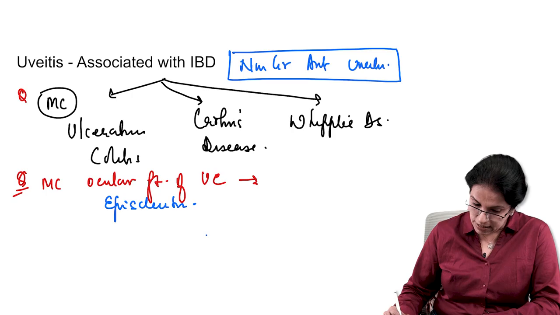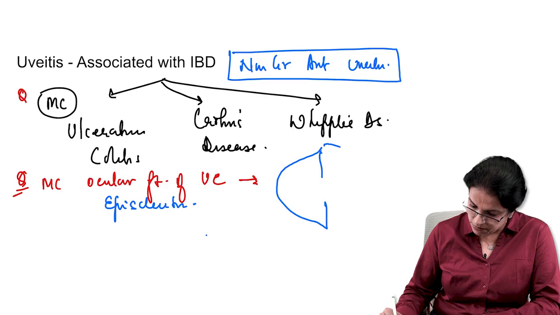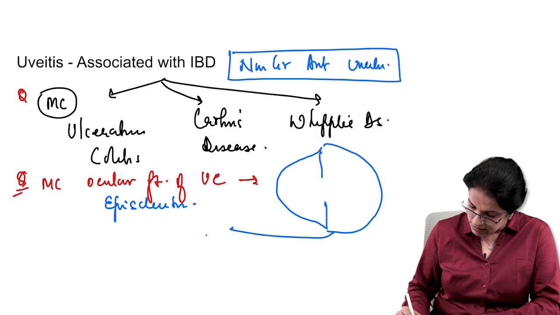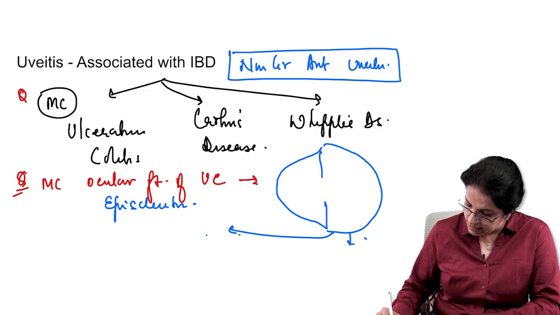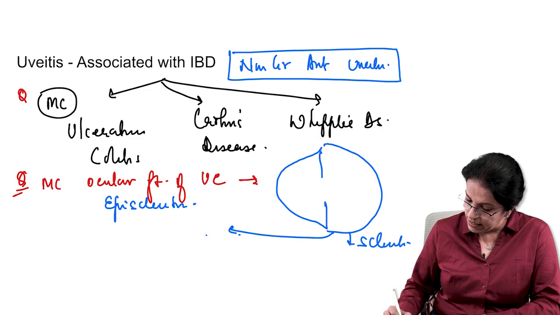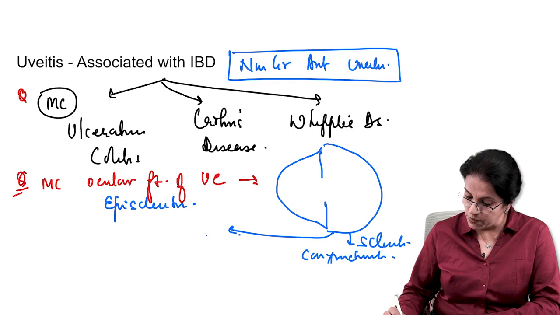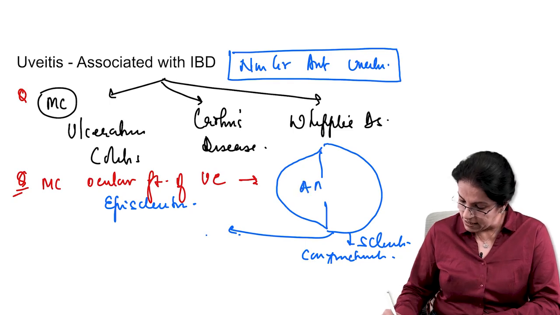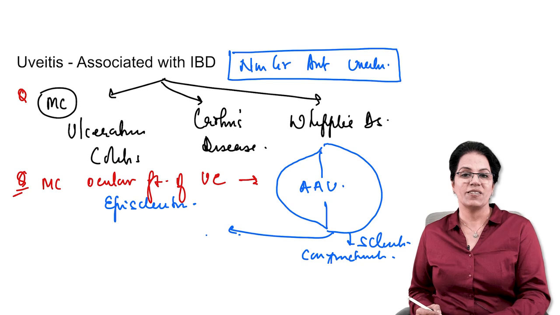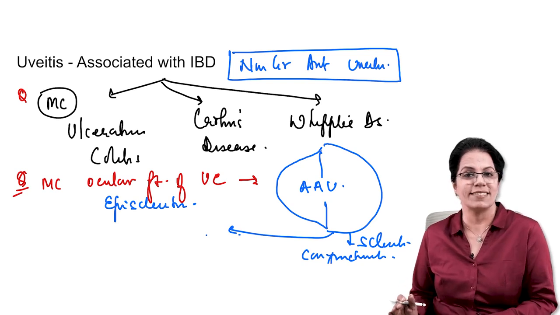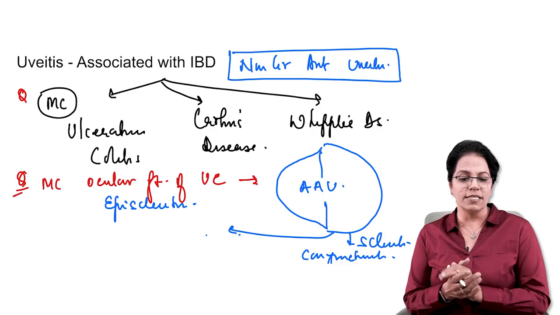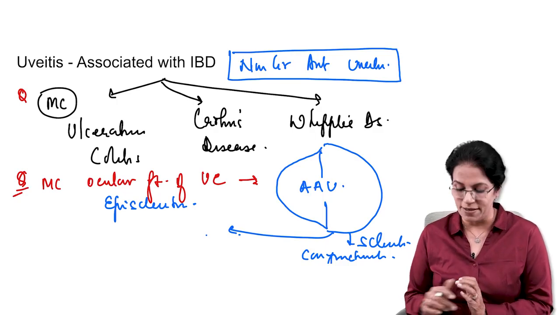If I want to note down for ulcerative colitis, episcleritis is most common. Then you can also get scleritis, you can get conjunctivitis, and of course, acute anterior uveitis. So, these are the presentations, and these are the two questions asked from this topic.